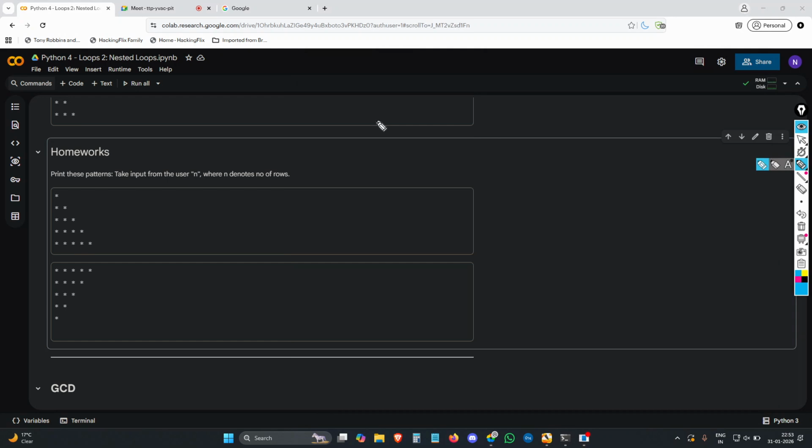As I was saying, I gave one question, and the pattern was something like this, right? So we discussed this kind of pattern, where we have the same number of rows and columns, and how the pattern moves.